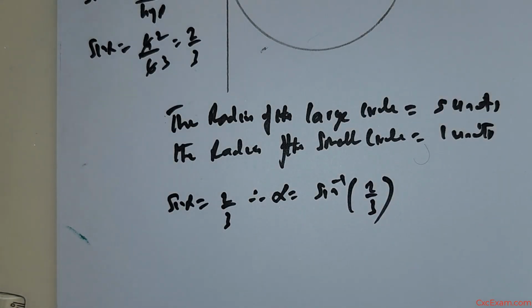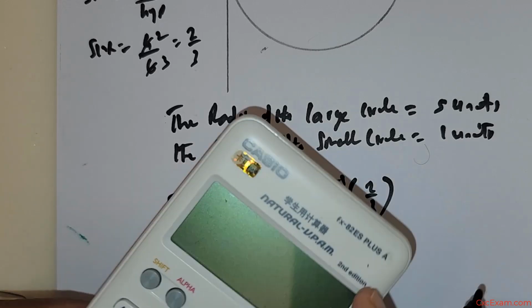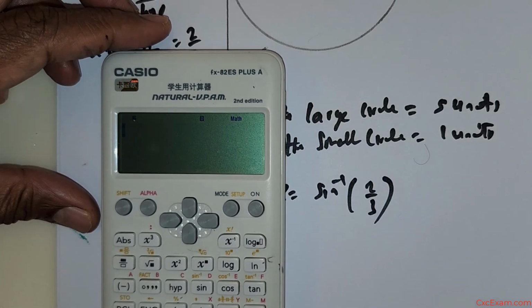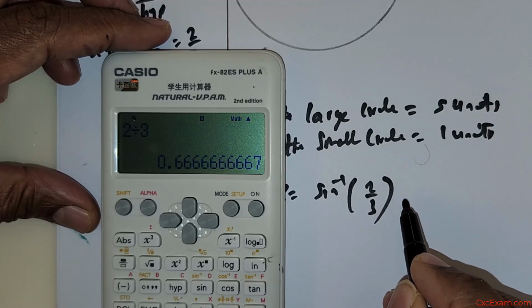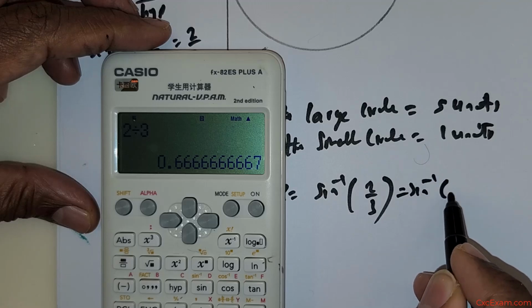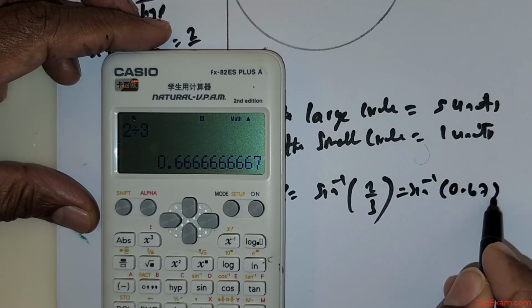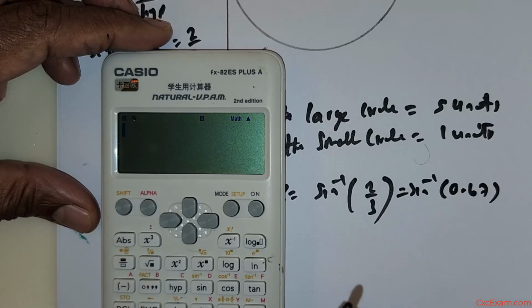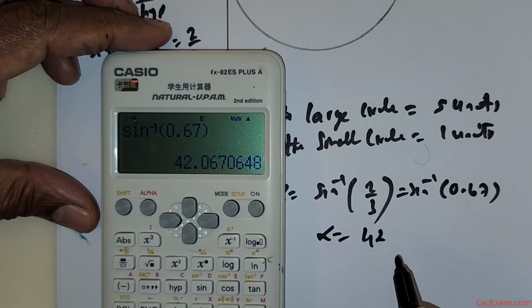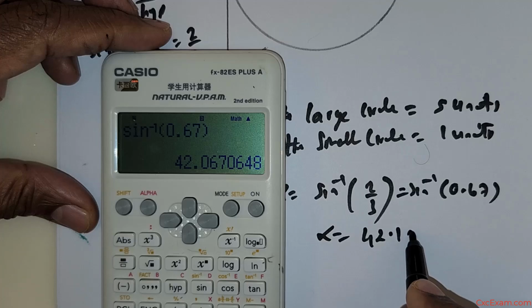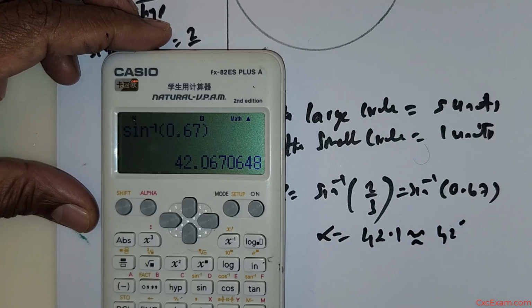So we need to use our calculator. So 2 divided by 3, that is giving us a value of, I'm going to take it as 0.67. So shift sine inverse of 0.67. What is the value? That is giving me an angle of 42.1. So I will approximate it to 42 degrees.